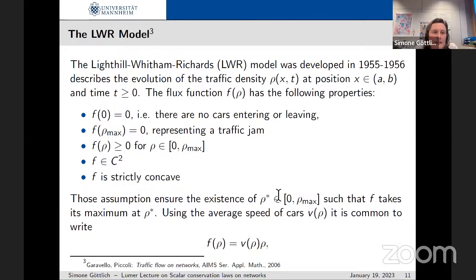What they did was describe the evolution of the traffic density at some position x and some positive time. The crucial point is that they put several assumptions on this flux function f of rho. These are important from now on, since they mainly drive the discussion on the properties of the traffic flow model. Okay, let's go through step by step.